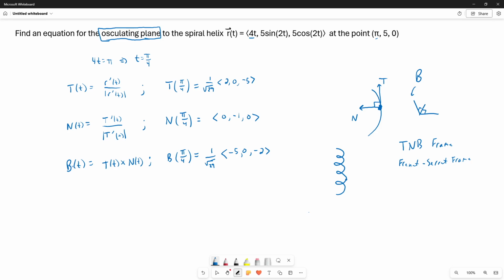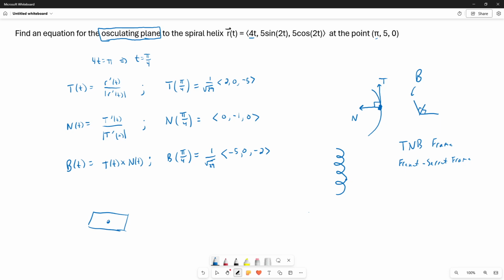And lastly, we also calculated the binormal vector, B, which is T cross N, and we evaluated that at pi over 4, and we got 1 over the square root of 29 times (negative 5, 0, negative 2). So these are all unit vectors. Now we would like the equation of the osculating plane. So if you want the equation to a plane, you need two pieces of information.